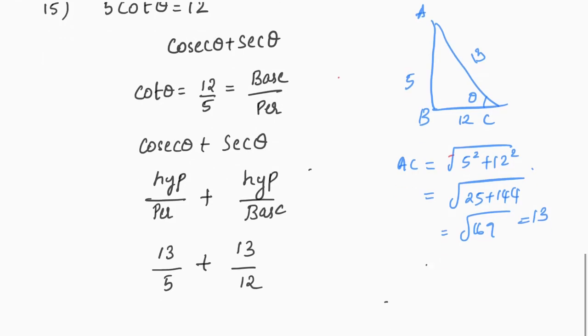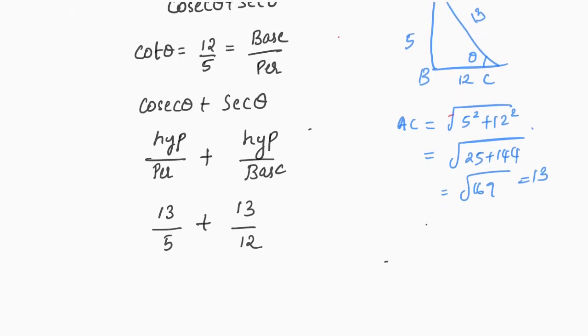12. Okay. So you need to multiply this. 13 into 12. What's 13 into 12? That is equal to 156. So we are cross multiplying. 156 plus 5 into 13 is 65 by 5 into 12 is 60.